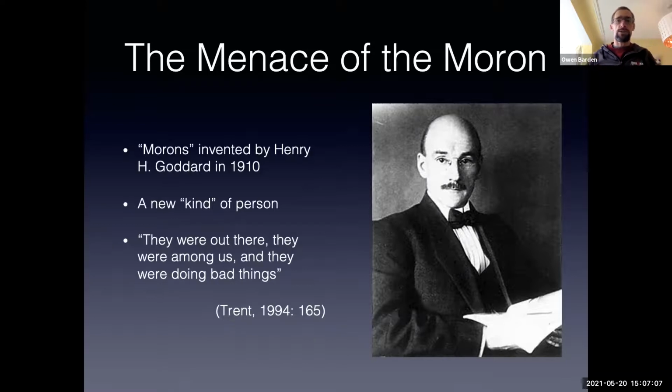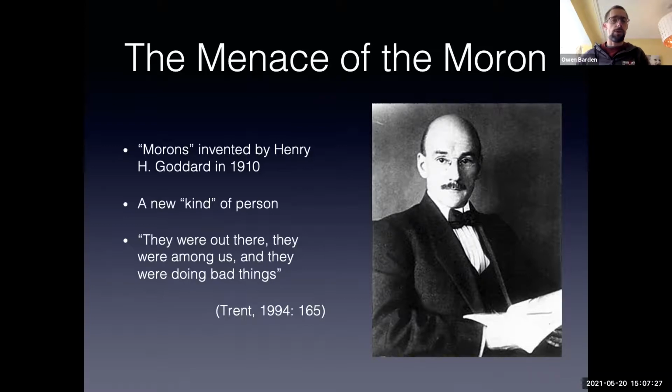And he called this new type of person that he claimed to have discovered the moron. So that's where that word comes from. Right now people use it as an insult, but it began life, as a lot of our insults did, as a medical diagnostic term.